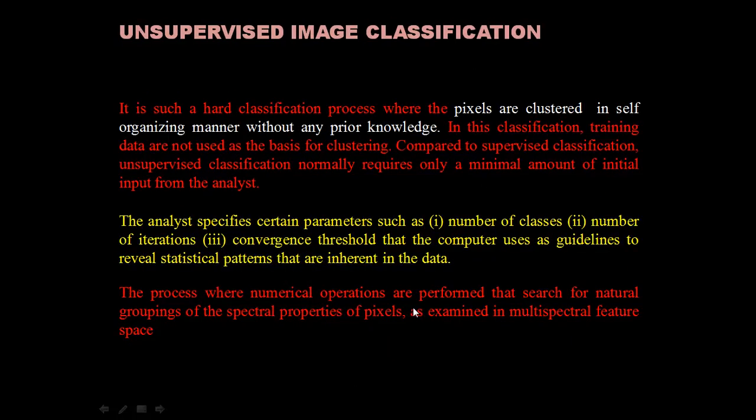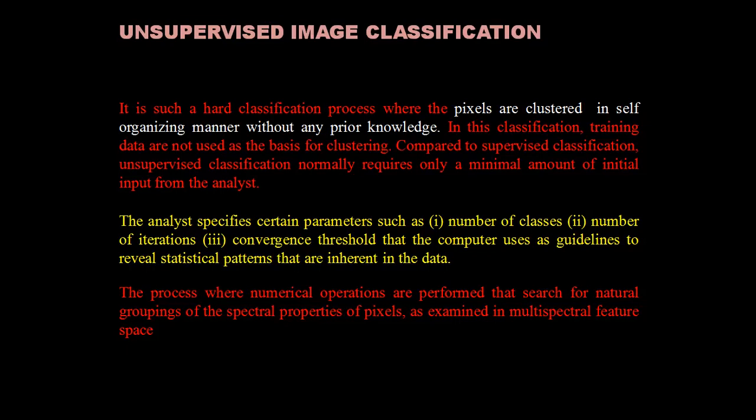Now, what is the unsupervised system? Unsupervised system is another hard classification system where there is no need for any prior knowledge or a training site. In this system, pixels are clustered into a number of classes in a self-organizing manner.